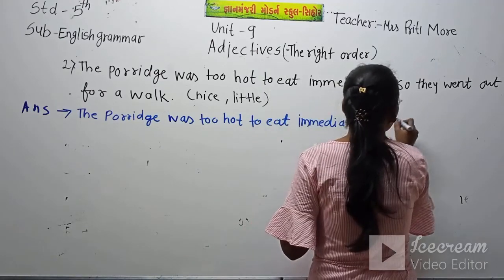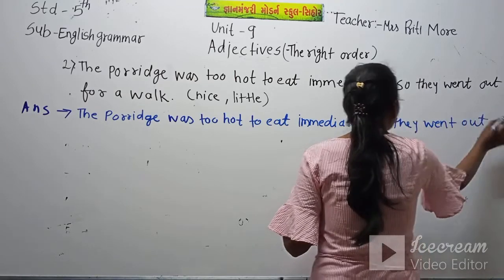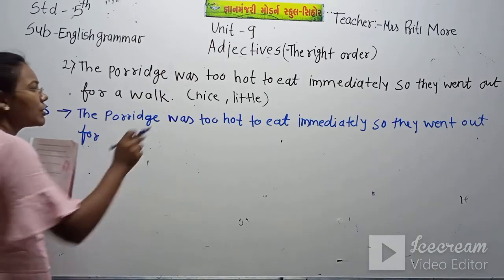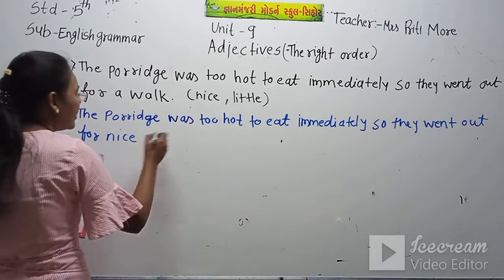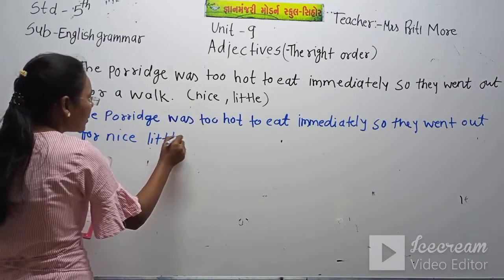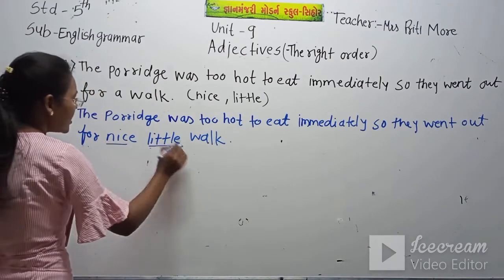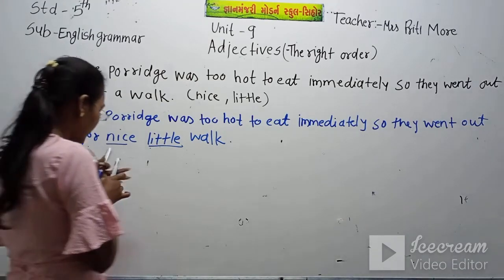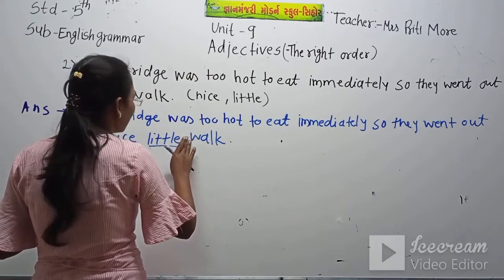So they went out for a... First, what will come? Opinion. Opinion is nice. Then little walk. Nice little walk. These two adjectives we put before a noun.